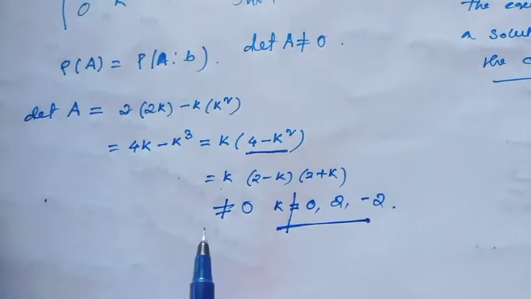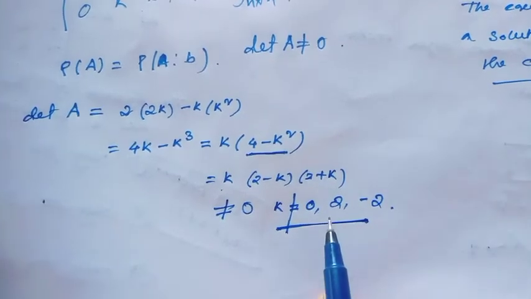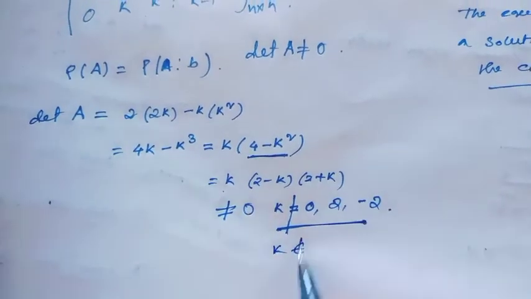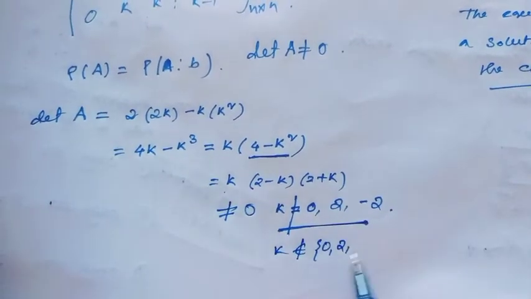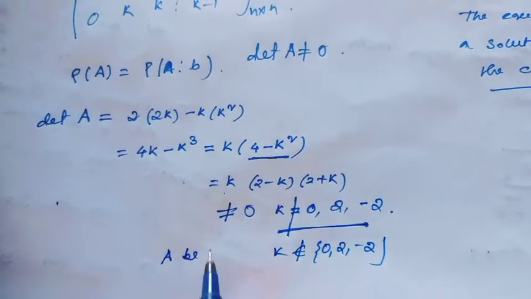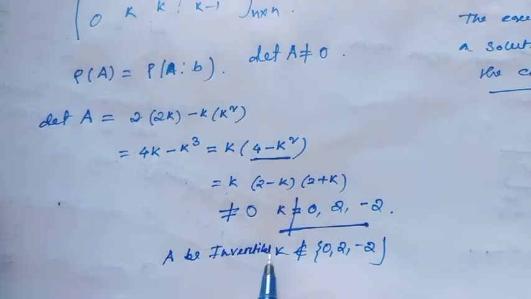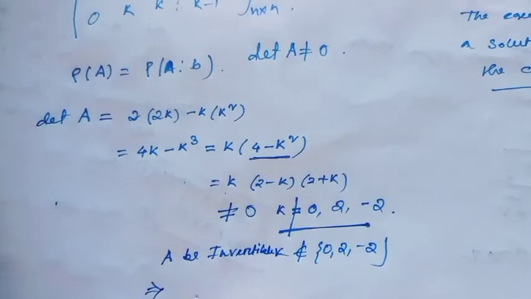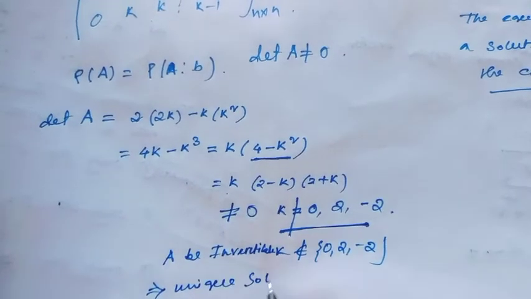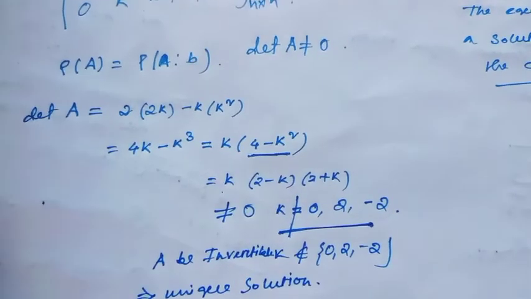That means the determinant of A is not equal to 0 when k is not 0, 2 and minus 2. It does not belong to 0, 2, minus 2. Then the matrix A is always invertible. That means then a unique solution always exists for such k. Are you getting?